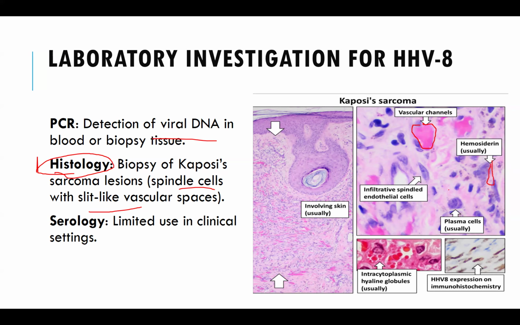When you bleed, the hemoglobin is processed and digested around the cells, giving rise to a pigment we call hemosiderin, which gives that dark appearance of the KS lesion. And then you have these spindle-shaped cells. These are the malignant cells. They are atypical cells.